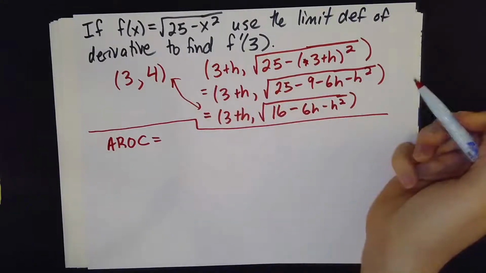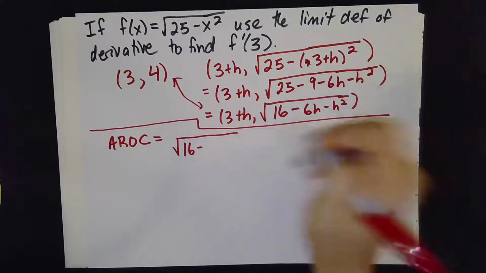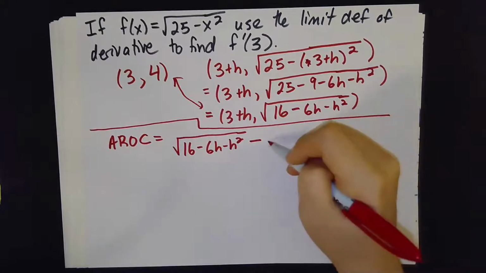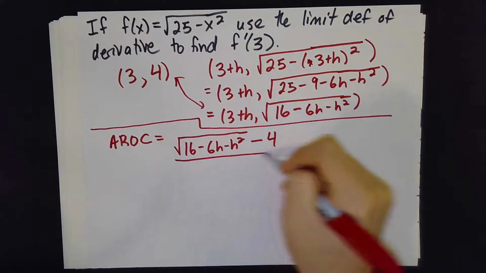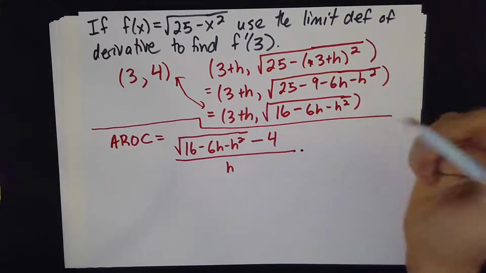But I'm going to write down the average rate of change between these 2 points. And that will work out to be square root of 16 minus 6h minus h squared minus 4, divided by h. And so, as often comes up when there are fractions and square roots floating about, the thing I want to do is multiply by the conjugate.